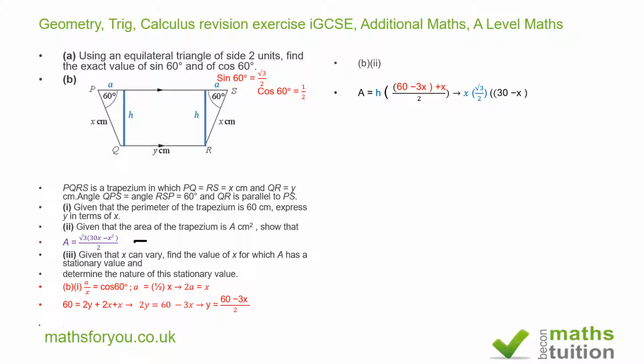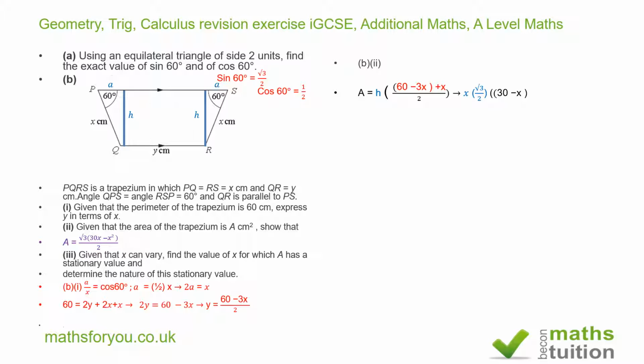Now, the area of a trapezium is the height multiplied by half the sum of the parallel sides. Now, we know that the parallel sides will be 2y because that's y, and that's y, plus the two A's there and there.